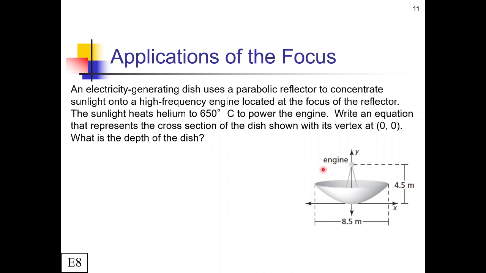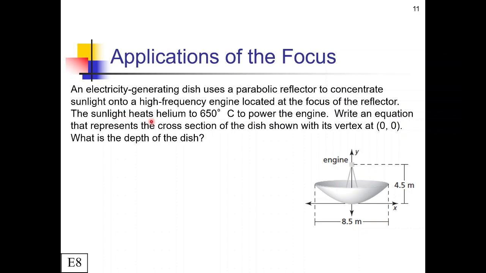So basically what's happening is all the heat waves, the sunlight waves, are coming into this parabolic dish, and because of the shape of this parabola, they are all bouncing back into this one spot right here. And what is this one spot with relation to the rest of the parabola? Why, it's the focus. It's the mathematical focus. So there you go, real life application.